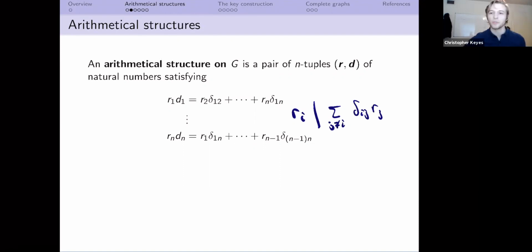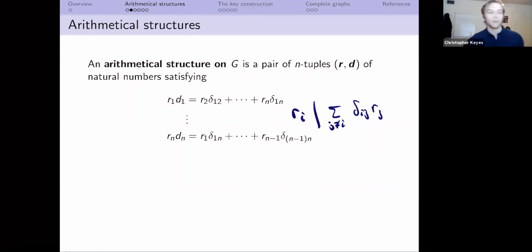Here the d values are implicit, but you could come up with the d value, since divides means exactly that there is some d for which R_i equals this side. So oftentimes I'll just write an arithmetical structure as the data of R.